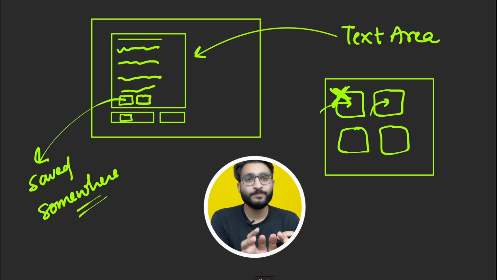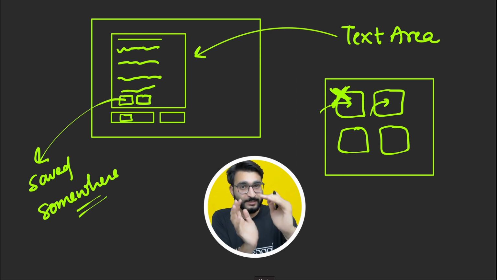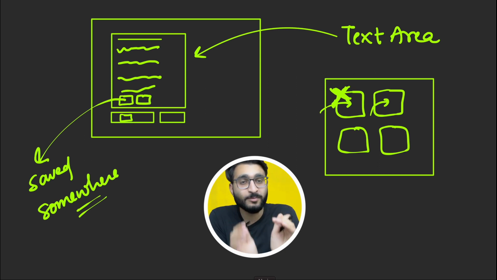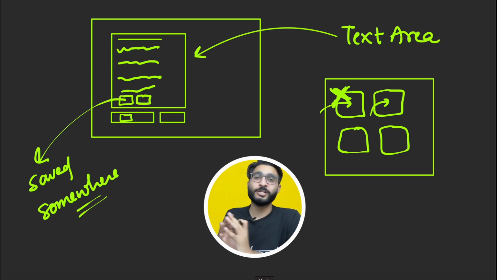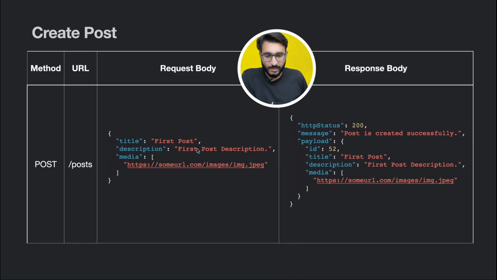Because finally that request has to go somewhere, which will find out that this is the request body, this is the post that has been created by some user, and I have to save this post into the database, right? So that's how this will work. I hope I was able to make you understand. Now let's talk about the next API. Sorry, let's first finish this only.